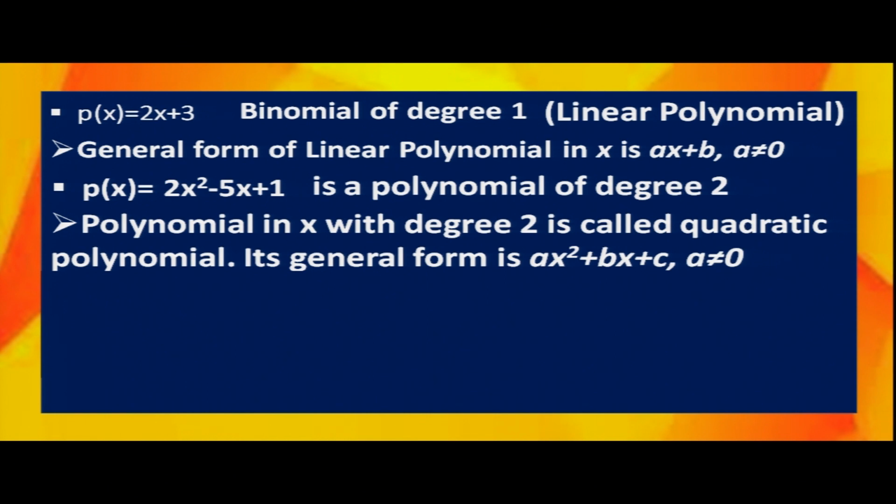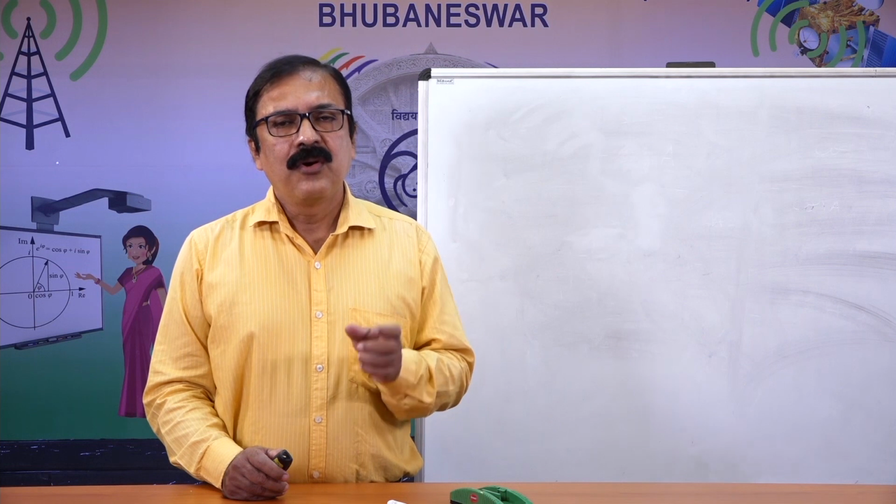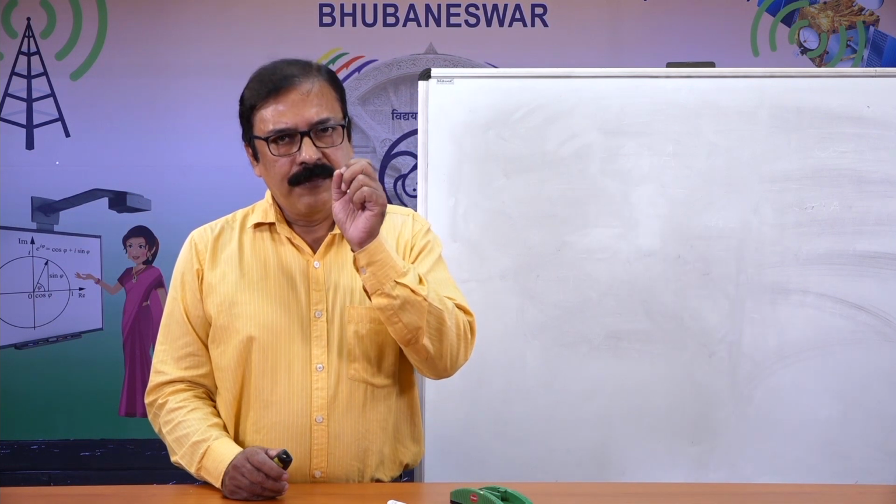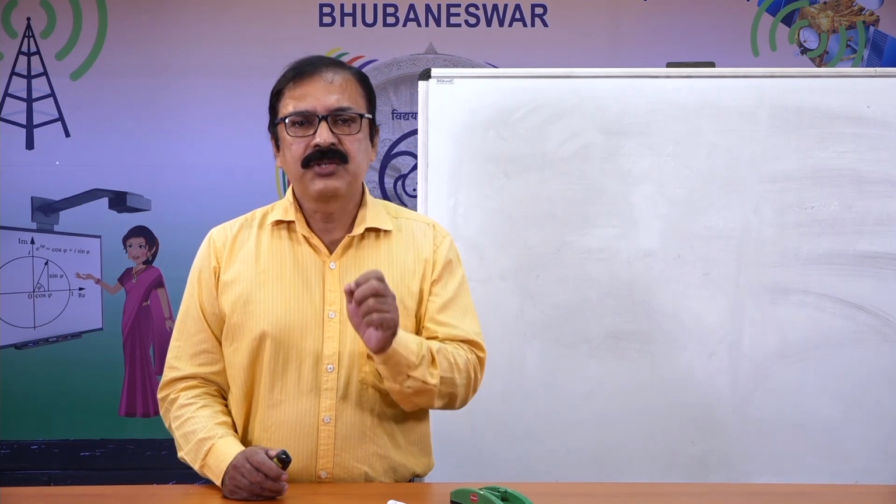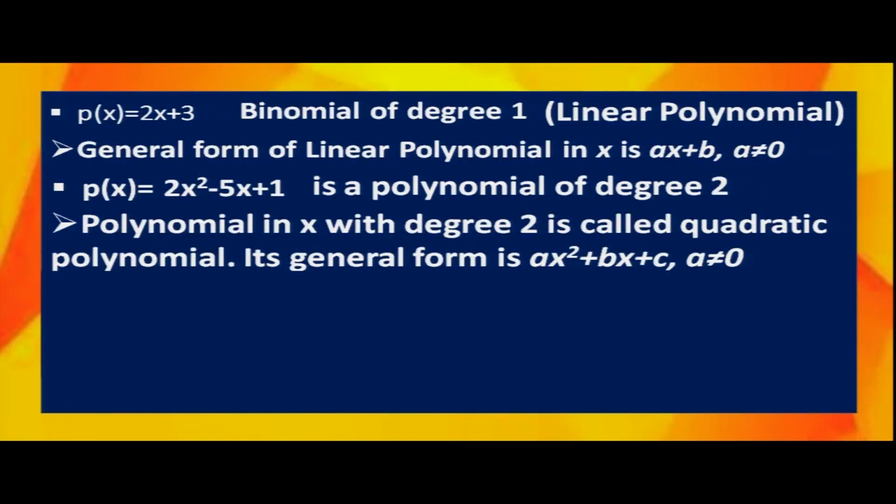That means if we write only ax square, it is a quadratic polynomial. ax square plus bx, again it is a quadratic polynomial. ax square plus c, it is a quadratic polynomial. But if we write bx plus c, it becomes a binomial of degree 1. So the coefficient of x square must not be 0.